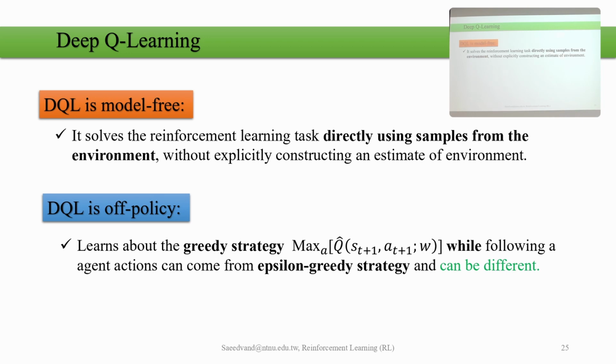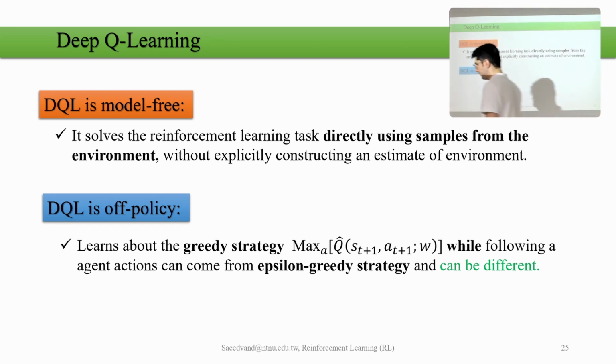It is directly using the samples from the environment without explicitly constructing the environment estimation, that is, the transition probabilities. Since we don't know it, we can say that deep Q-learning is model-free, similar to Q-learning. On the other hand, it is off policy.